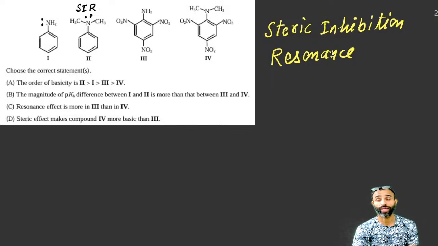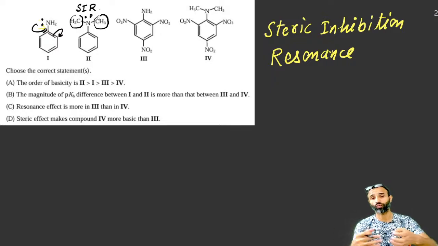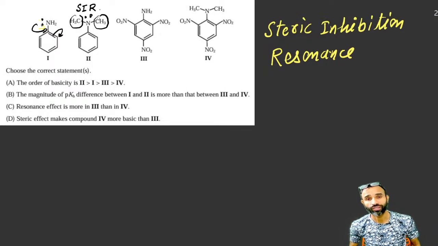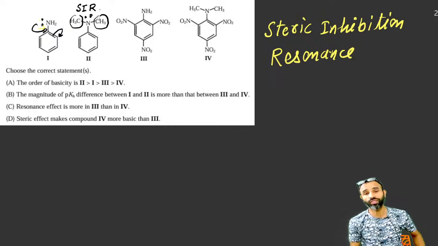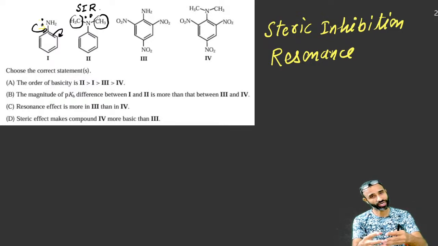So actually aniline is a weak base due to the presence of resonance conjugation. This resonance is somewhat inhibited due to the bulky alkyl groups, and at the same time they provide electrons to the nitrogen.